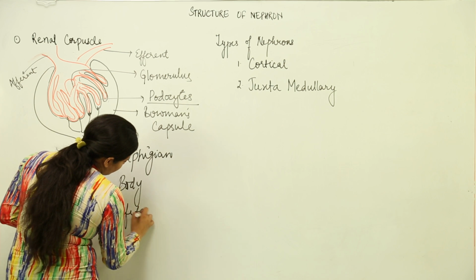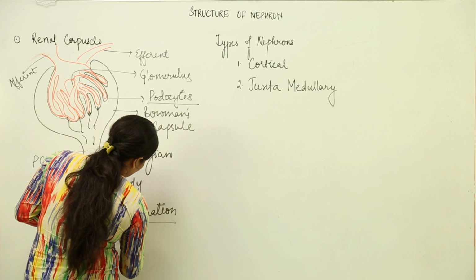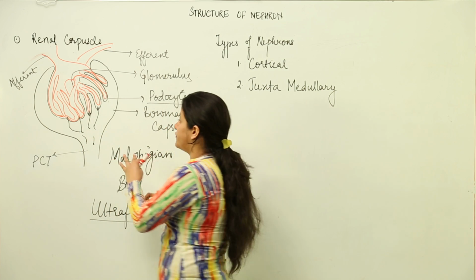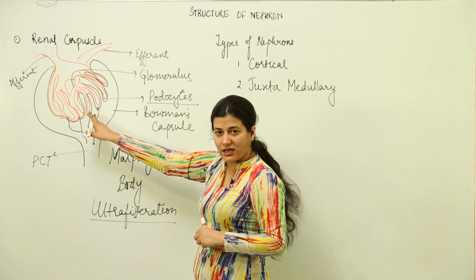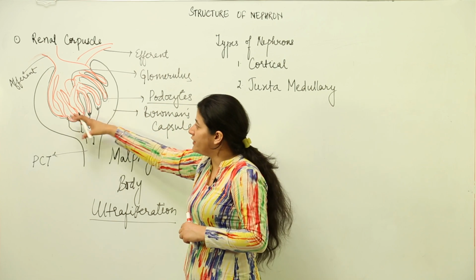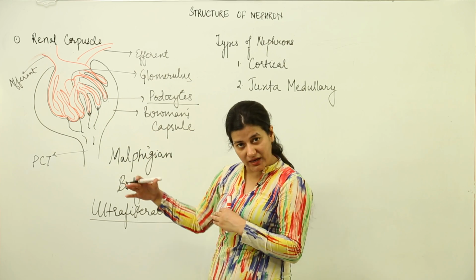Why is it important? Because the ultrafiltration takes place inside this part of kidney where maximum of the blood is able to throw its content due to these slit-like apertures known as podocytes into the Bowman's capsule, because the capillary network that is present is also having a thin epithelium. There is a basement membrane in between.